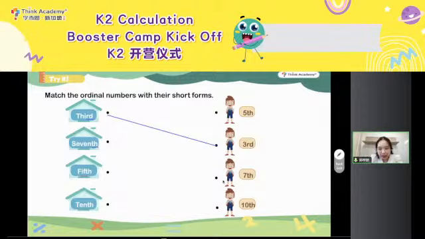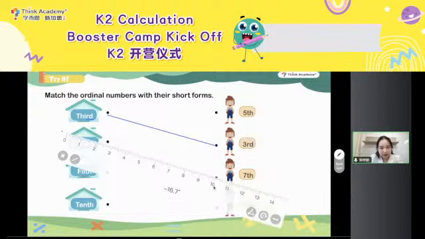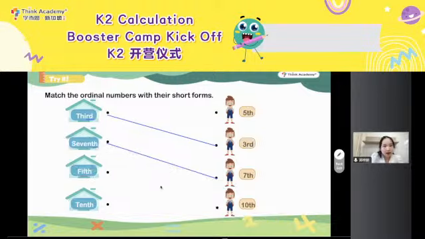All right. What about the 5th? 5th comes as first, second, third, fourth, 5th. So it is the number 5 and which is going to be the first one, right? So let's match them together.